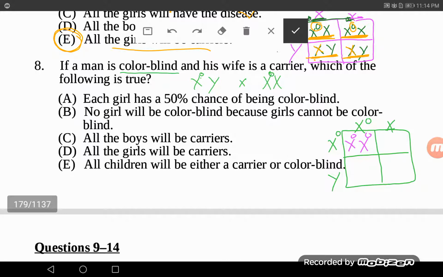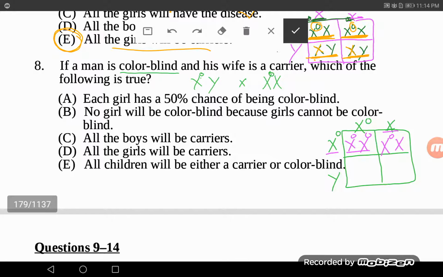One of the babies, as we can see, one of the females will have color blindness. One of the females will just be a carrier when we cross this one with this one, because of one of the X chromosomes. So if the baby is female, there is a 50 percent chance she has that disease, or a 50 percent chance she will not have it, she will just carry it.